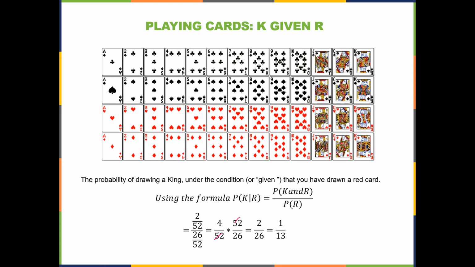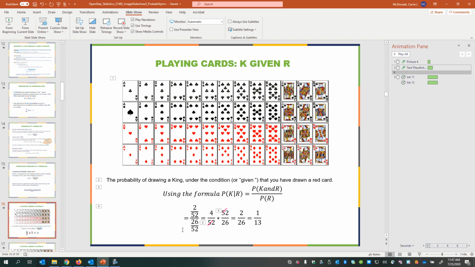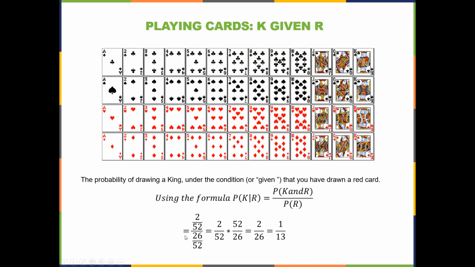Let me fix that. Okay, so I fixed the typo. It should have read 2 out of 52 times 52 divided by 26. Then the 52s cancel, which leaves us with 2 over 26 here, which reduces to 1 out of 13. So we know the answer is 1 out of 13. That's the probability of drawing a king knowing that it's a red card.